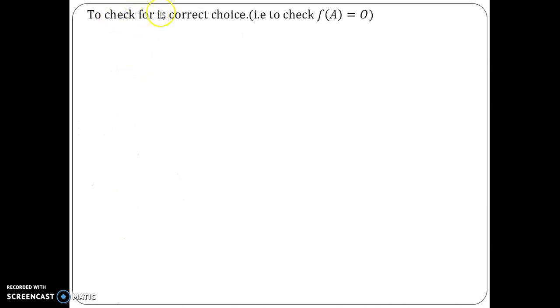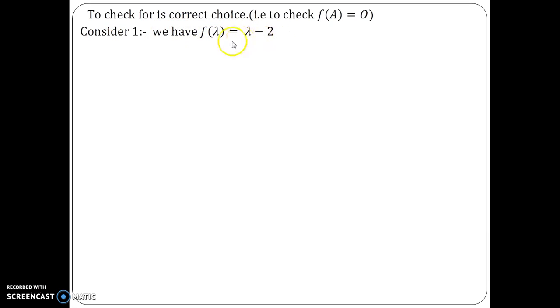Now to check for the correct choice, that is, check whether f of A is equal to 0. Now how do you check that? Consider choice 1: f of lambda is equal to lambda minus 2.